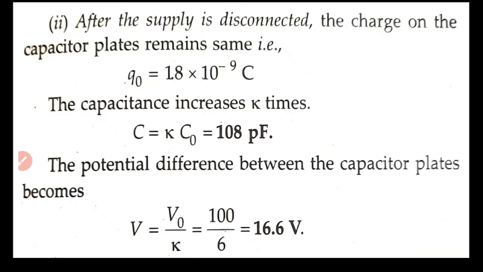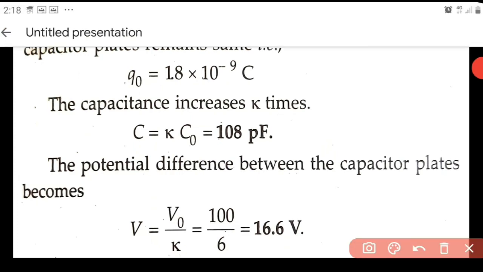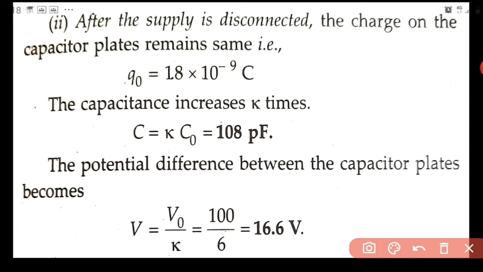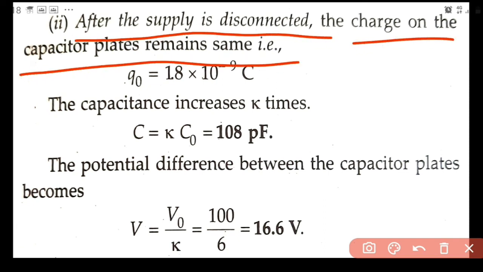Now the second part, after the supply is disconnected. When the supply is disconnected, the charge on the capacitor plates remains the same. That makes the difference between the two situations. If the battery remains connected, the potential difference remains the same.